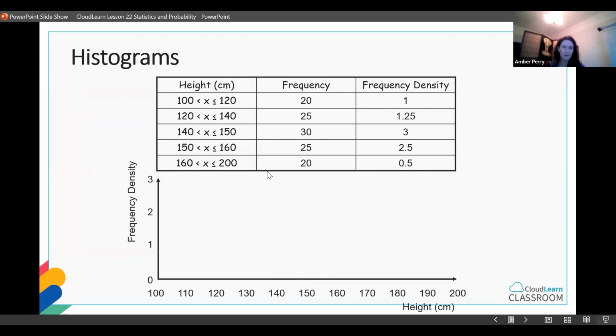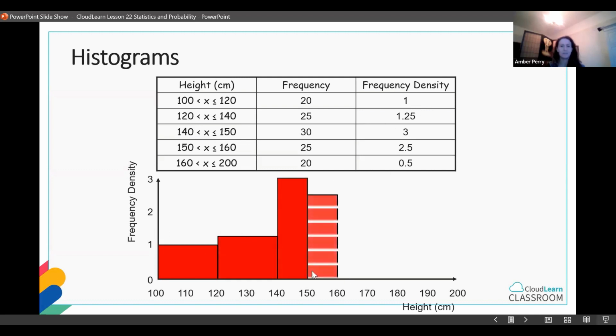So the next thing you're going to do is plot the histogram. So your group 100 to 120, so that's here to here, is going to be plotted against the frequency density. So be careful, don't plot this. Frequency density is 1. And then the next one, 120 to 140 against 1.25, and so on. So you can see the bars are different sizes.